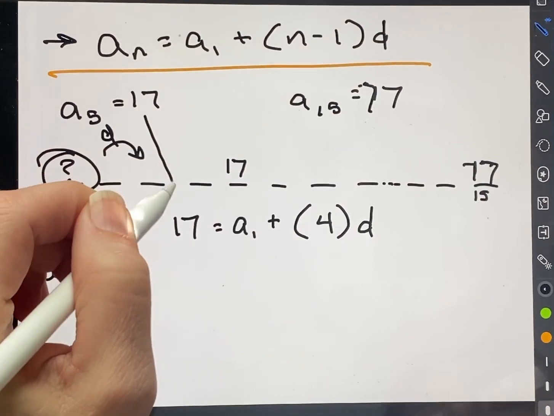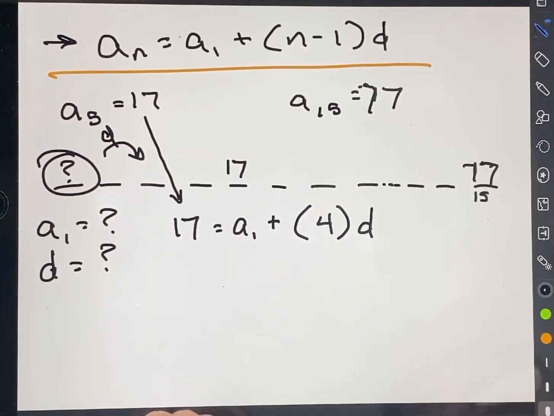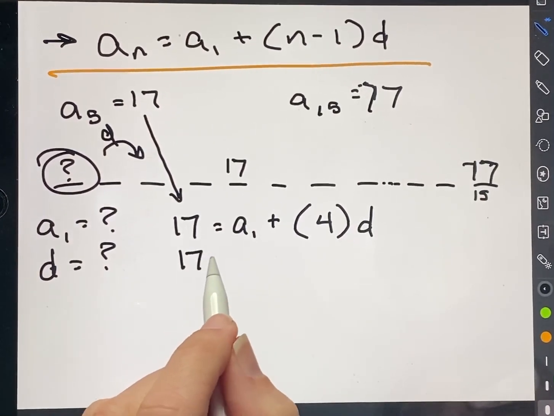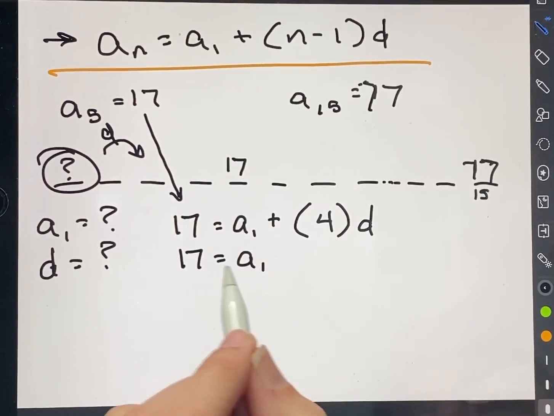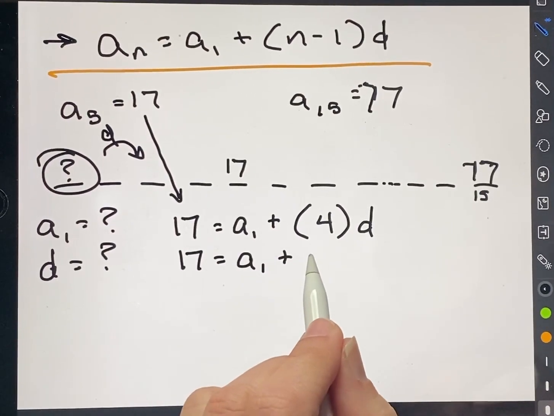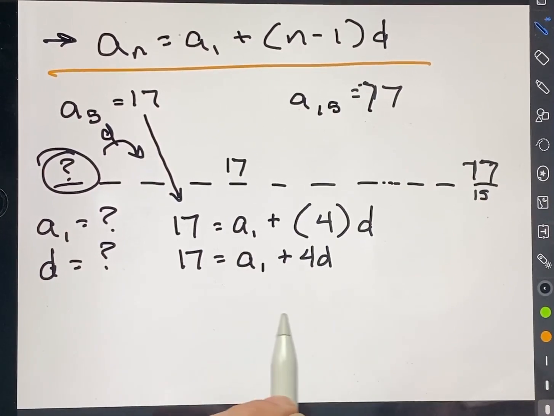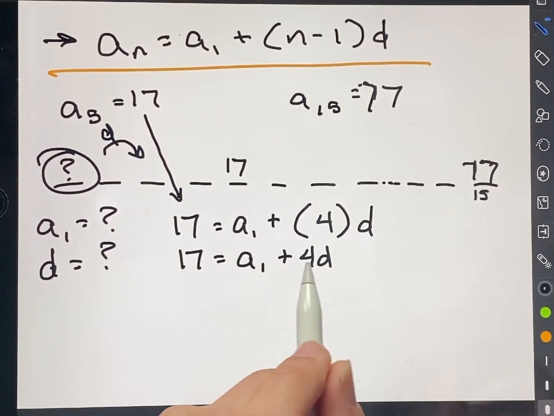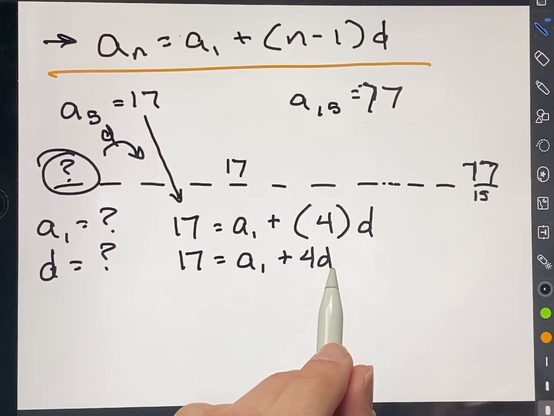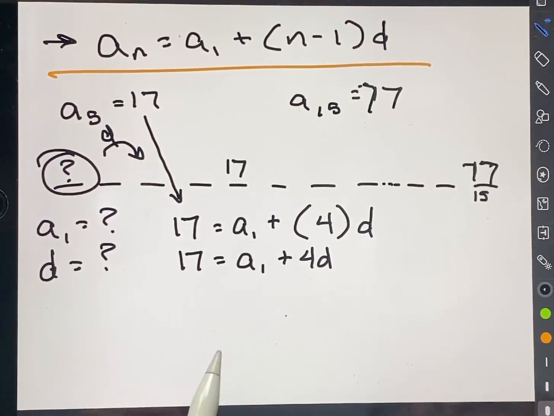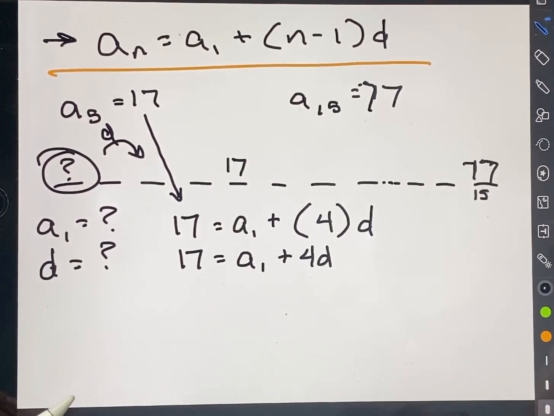So by substitution, we're going to replace that. So I know that 17 is equal to A sub 1, my starting point, plus 4D, right? The problem lies that I have 2 variables. And for 2 variables, I must have 2 equations to be able to solve it.